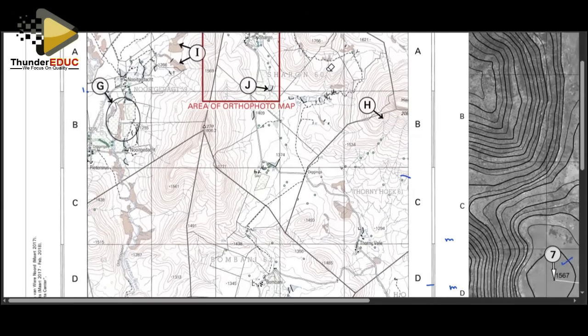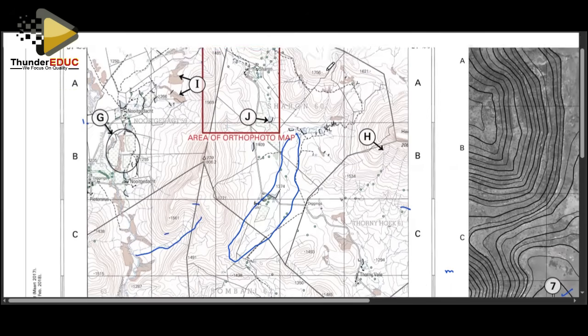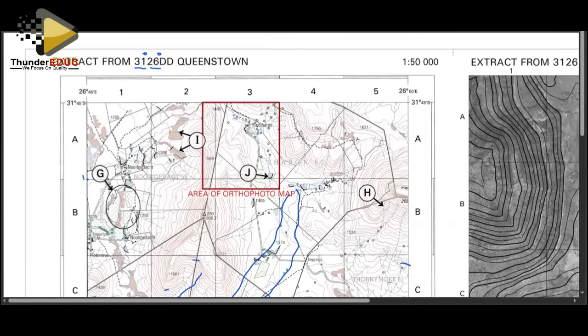Like for example, this river here that you see is shown by a broken line. And also if you check here, these rivers are shown by broken lines. And if you check further to the north, all these rivers are shown by broken lines.